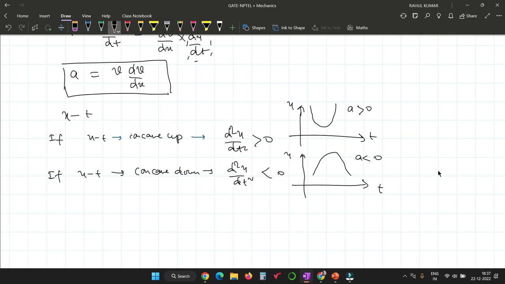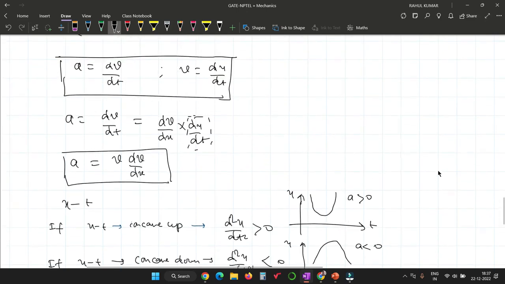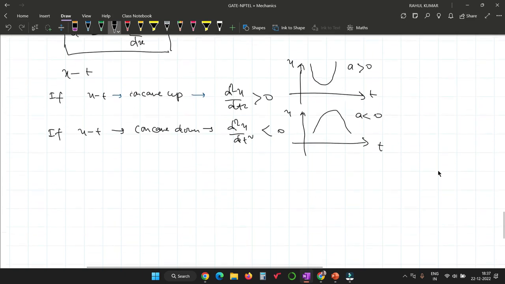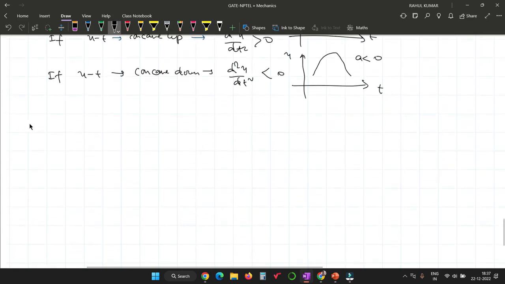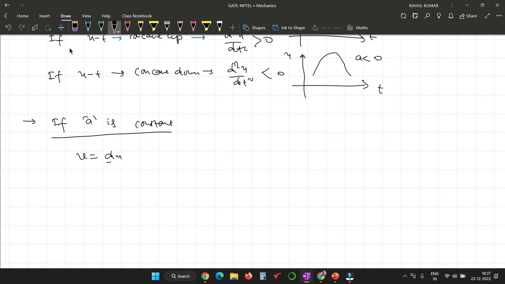No. Okay, so from these three equations, now we will talk about if acceleration is constant. I'm talking about constant acceleration.